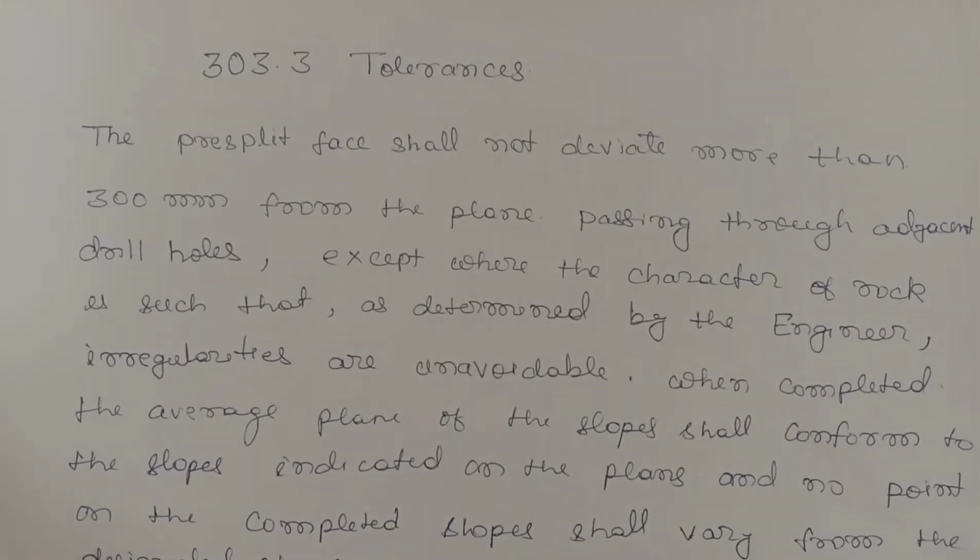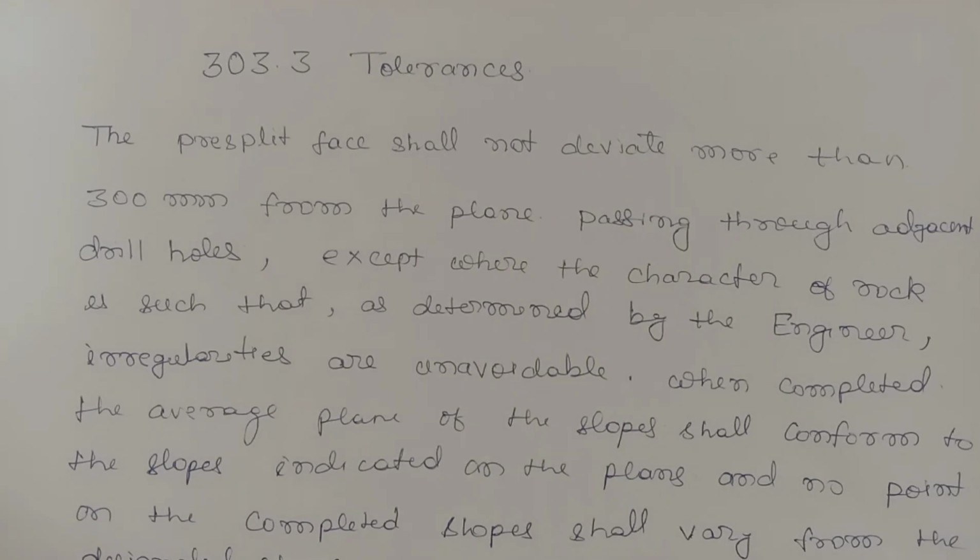303.3 Tolerances. The pre-split face shall not deviate more than 300 mm from the plane passing through adjacent drill holes, except where the character of rocks is such that, as determined by the engineer, irregularities are unavoidable.